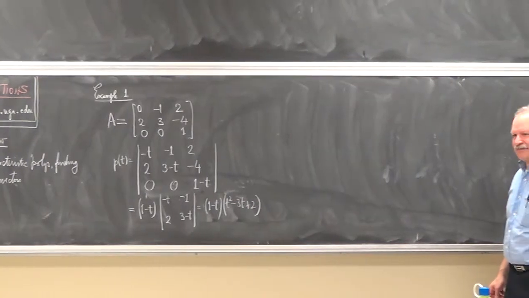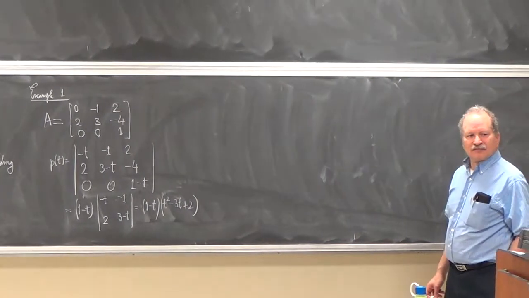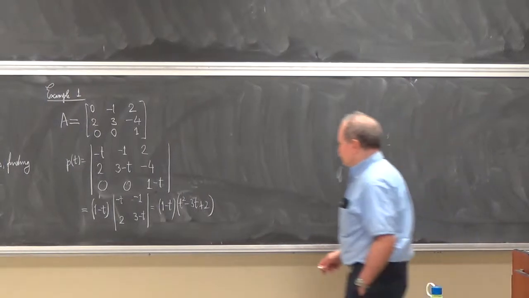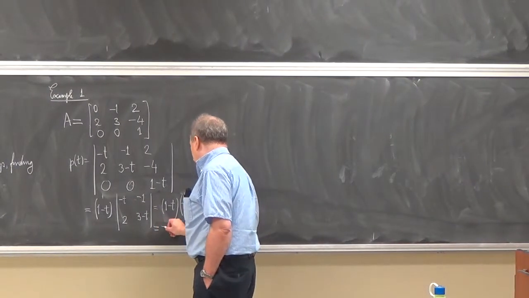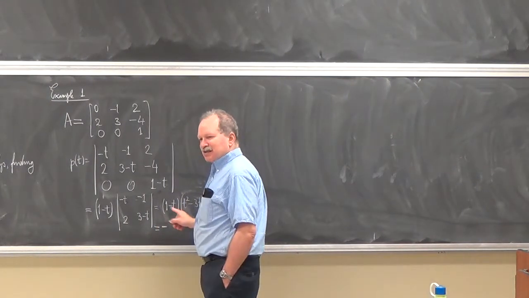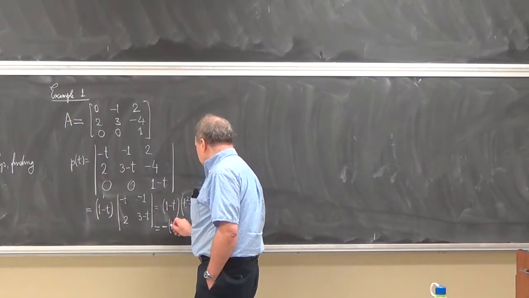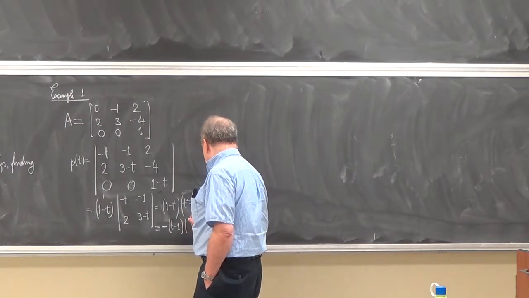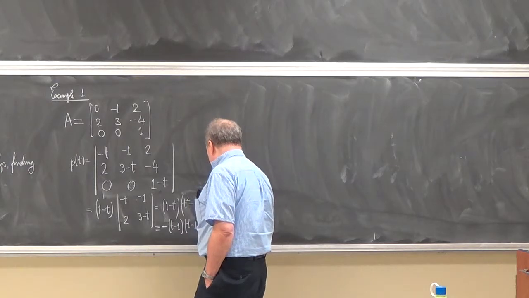Any ideas? You can factor t minus 2, t minus 1. So in fact, if I pull out a negative here just because I like to have my t's in front, this would be t minus 1, and this is a t minus 1, t minus 2.